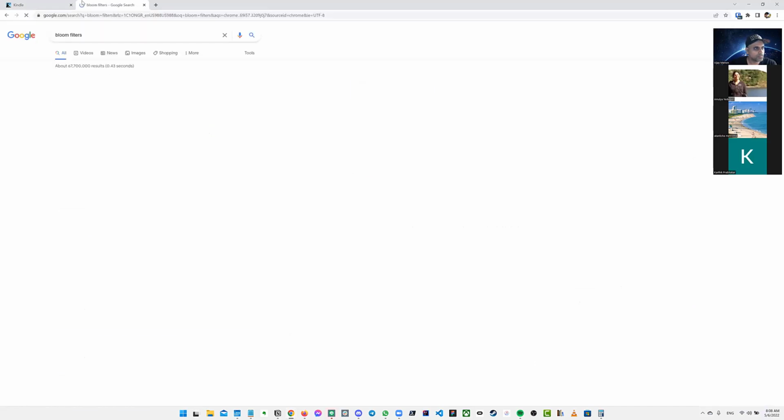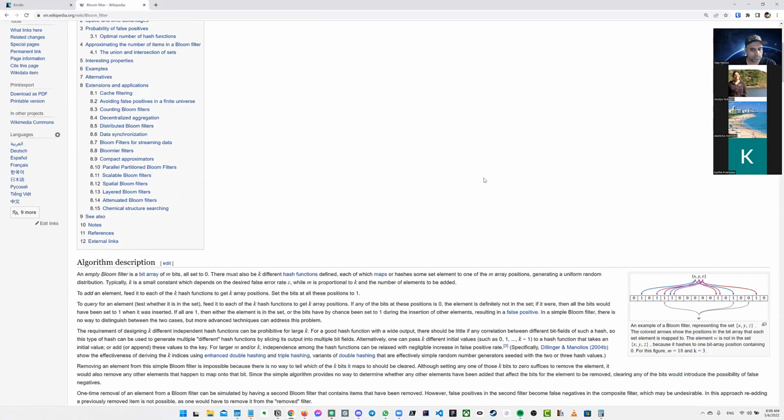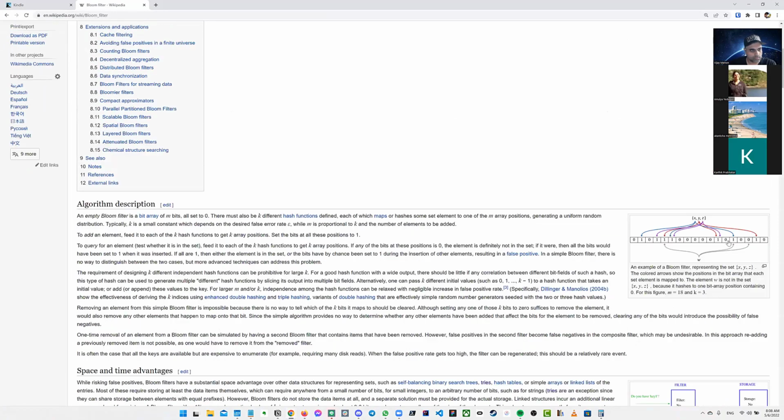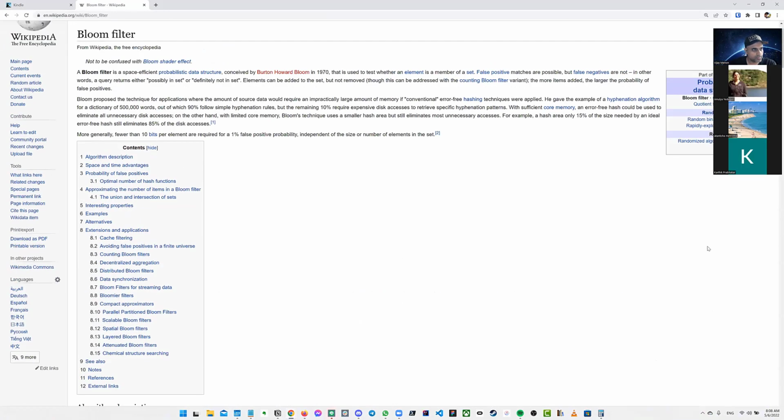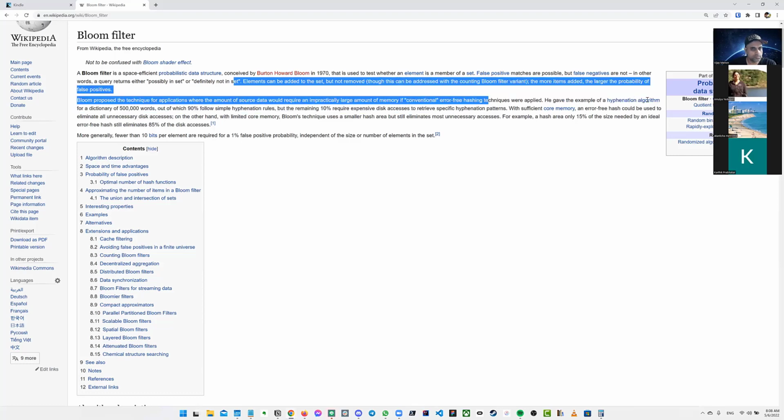I was reading up about it, but I didn't go to the actual implementation. It's a probabilistic data structure. So you get a 100% confident answer when the key is not present in the data structure, but when you get a positive answer, there can be false positives.